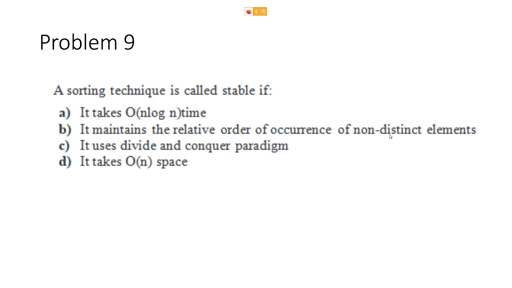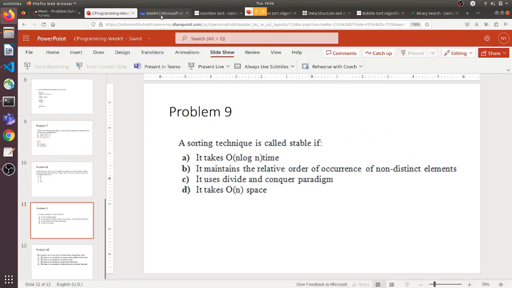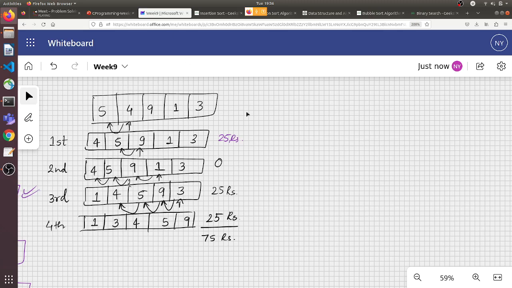What are non-distinct elements? Your array can have repeated elements, like 2 can come two times. Just taking an example here. If this is your array: 2, 5, 2, 3, 6, 9. The element 2 is repeating here.